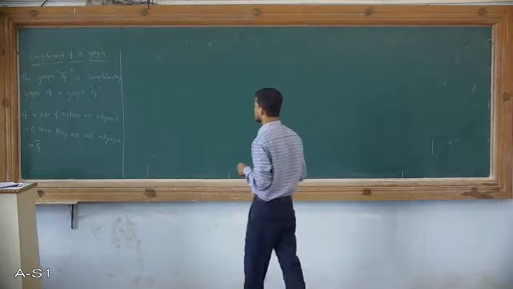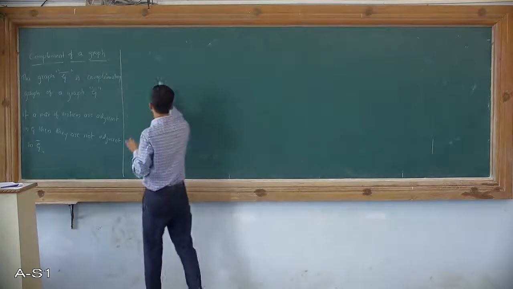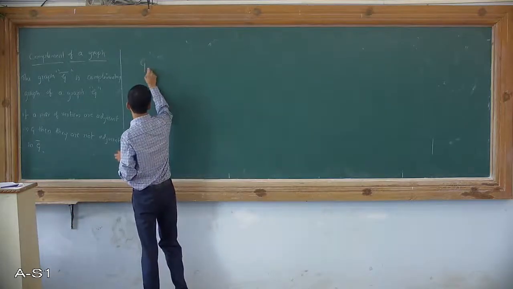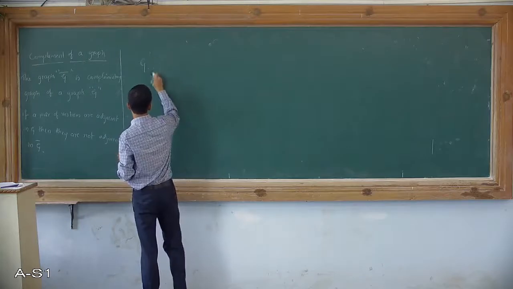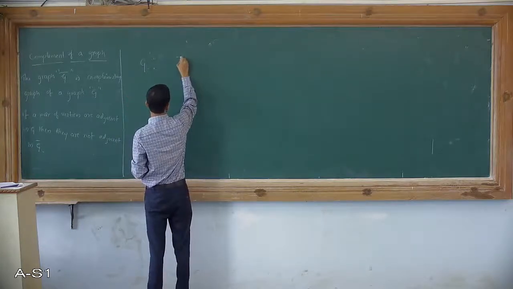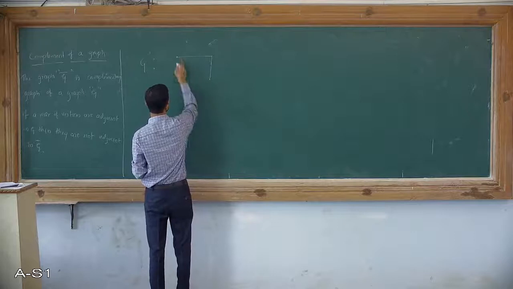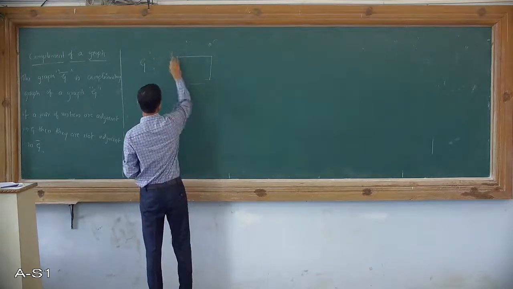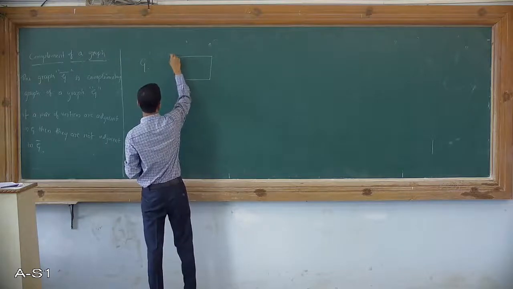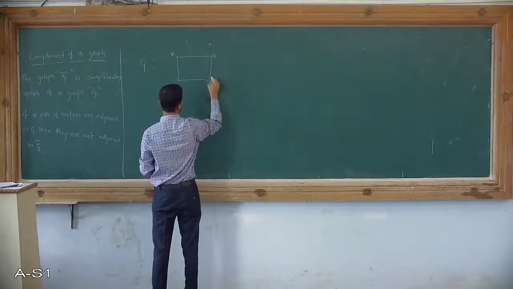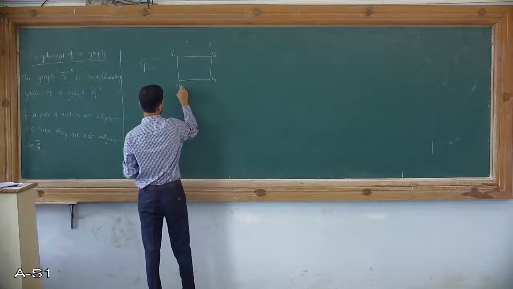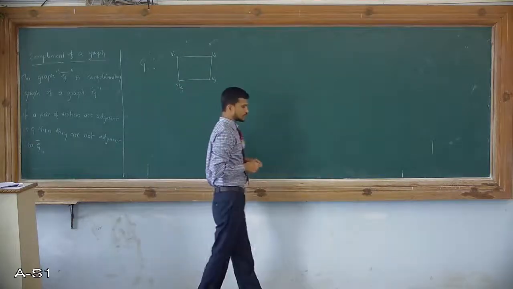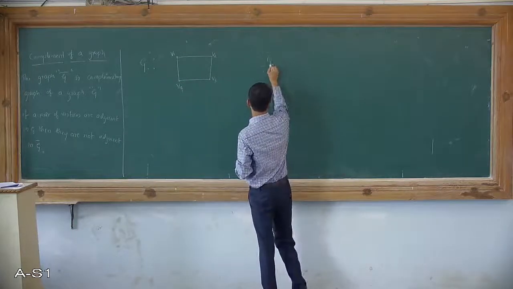So I'll consider an example here. Let us consider G, with vertices V1, V2, V3 and V4. Here this is a given graph. I want to find the complementary graph G bar.